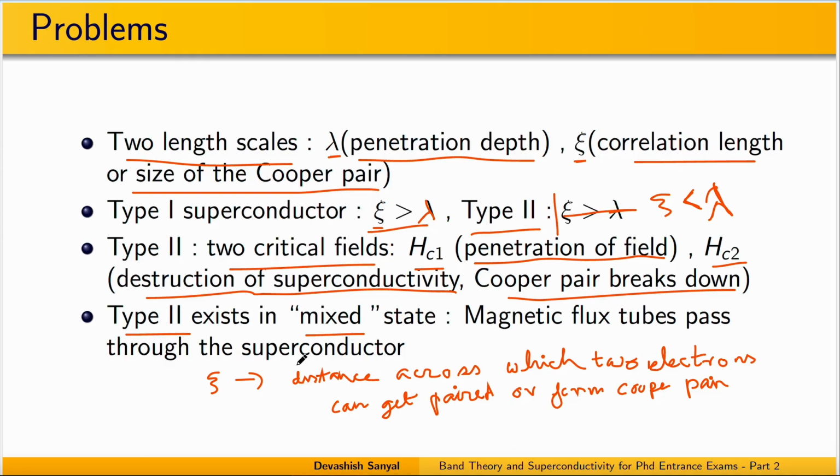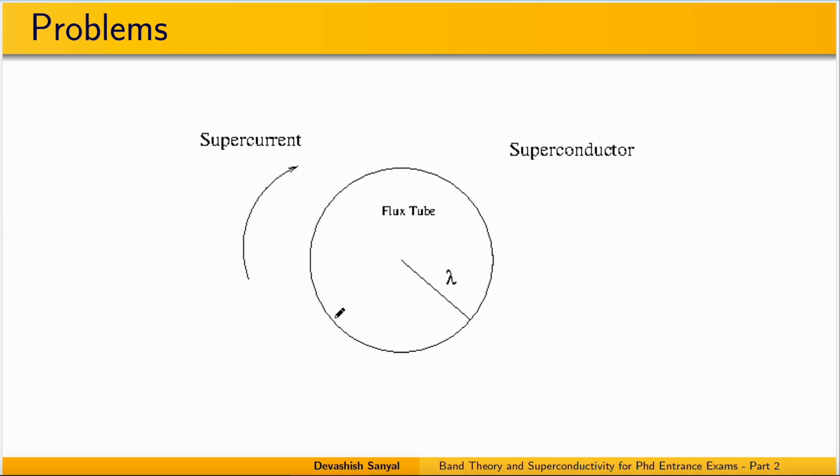So let us have a look at the picture here. This is a magnetic flux tube. This is a cross-sectional view of the superconductor. The magnetic field is going through this circular region, and outside you have a superconductor.